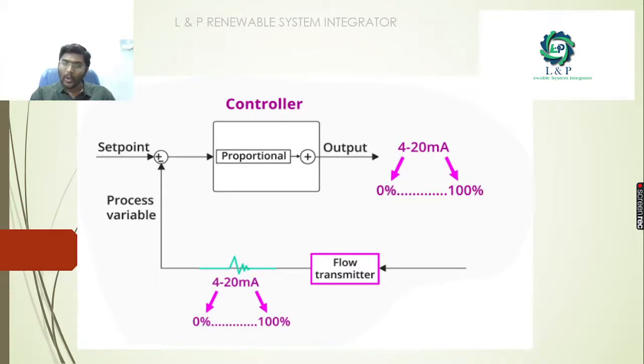That output will also be taken as a process variable. The proportional integral derivative will compare the set point and the present value. If there is a big difference, in order to compensate for that difference, it will produce the required output. This is basically how a proportional integral derivative loop works inside any sort of PLC controller.